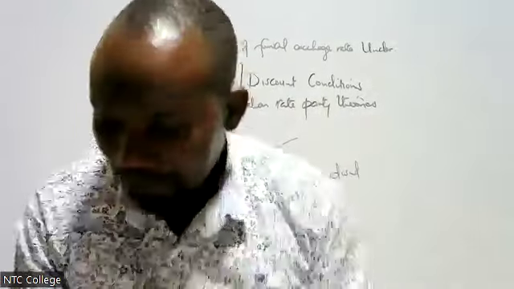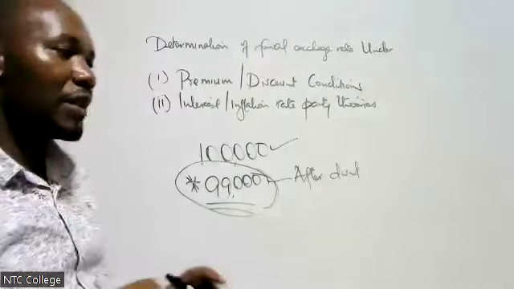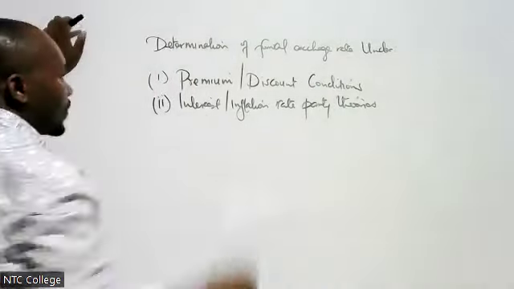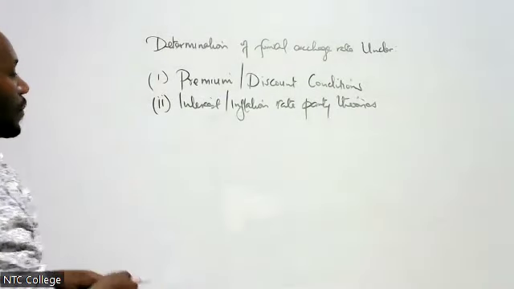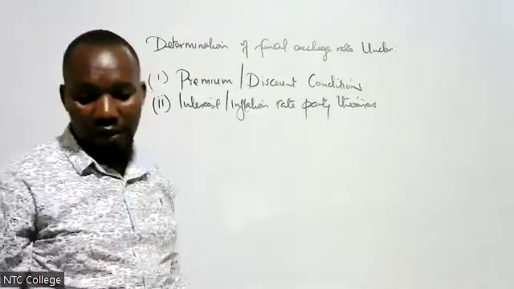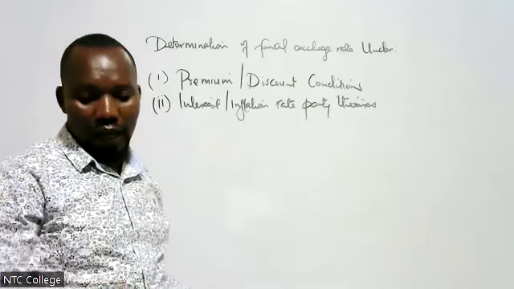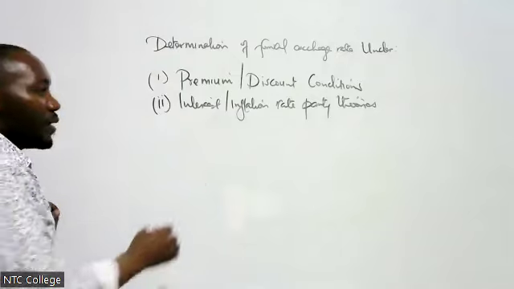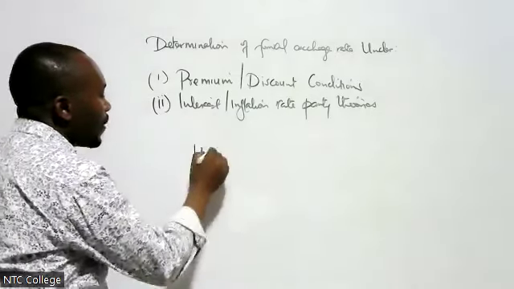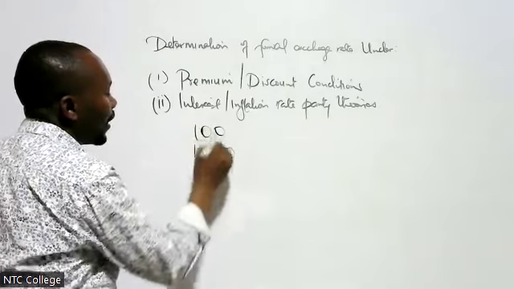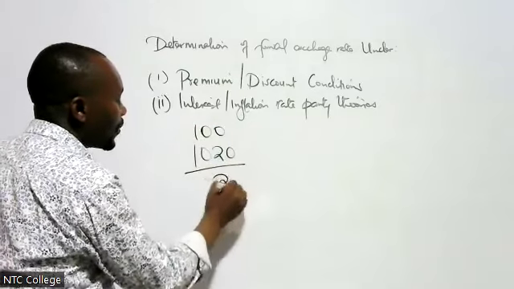For premium, let me explain premium before we go to example. That is discount and premium. So for premium, inamaanisha it has been sold at a higher price. Tunaelewana? It is sold at a higher price. So premium is anything that is on top. If the price was 100 and I sold it at 120, the premium is 20.